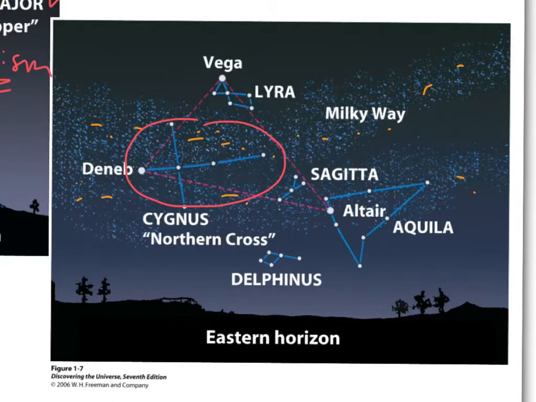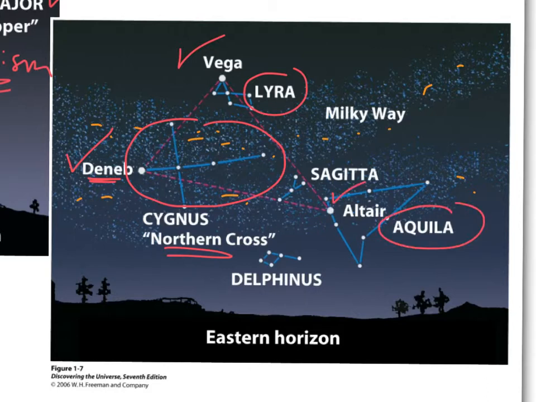Cygnus is sometimes called the Northern Cross. I bet you can kind of see that. Cygnus has a bright star, Deneb, which is in the summer triangle, which is up right now. So we have Deneb in Cygnus, the star Vega in the constellation Lyra, and the star Altair in the constellation Aquila that make up the summer triangle.